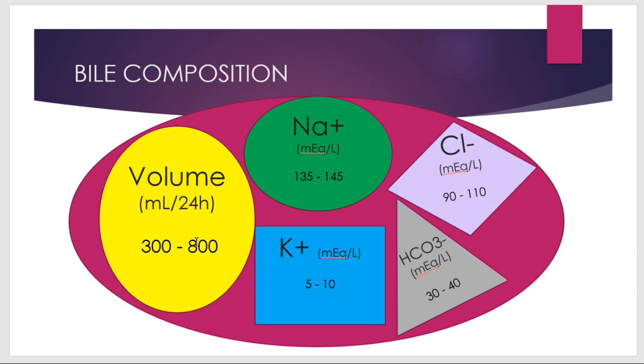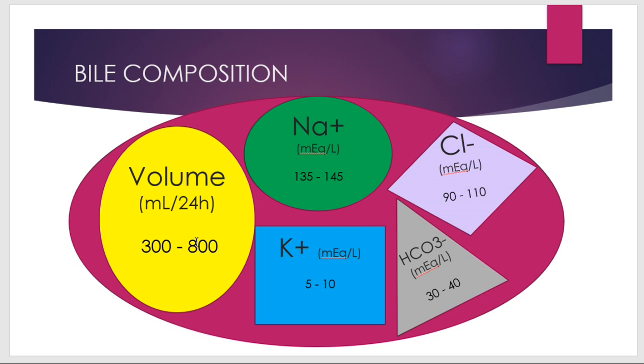So if somebody is asking you, okay, what is the volume of bile secreted every day in a human being? Don't say just like 500 ml or let's say 400 ml. Suppose somebody is having daily secretion of bile around 750 ml. According to your answer, he or she must be suffering from some disease.